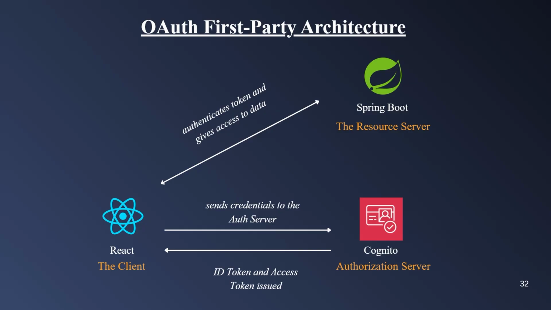So from React itself, you are making your users and you are sending it straight to Cognito, right? There is no backend in the middle, all right? So if I were to come back to the OAuth first party architecture, React has permission here, right?